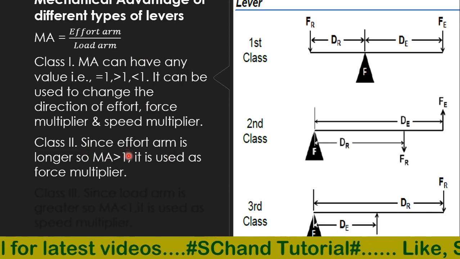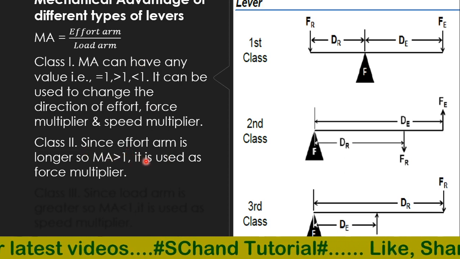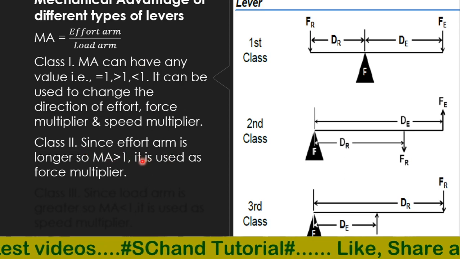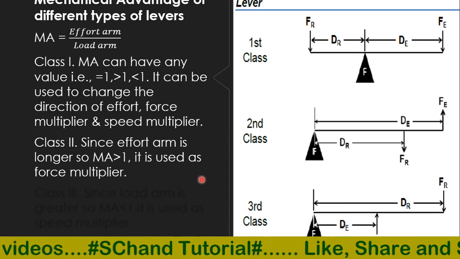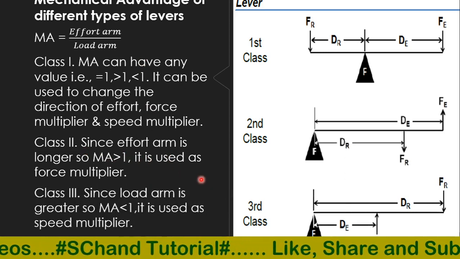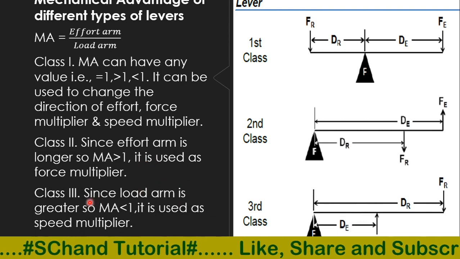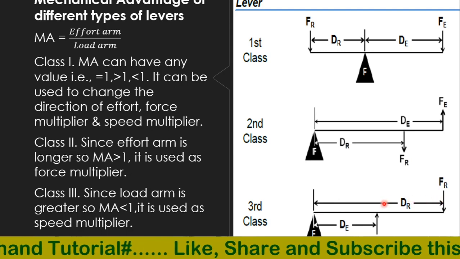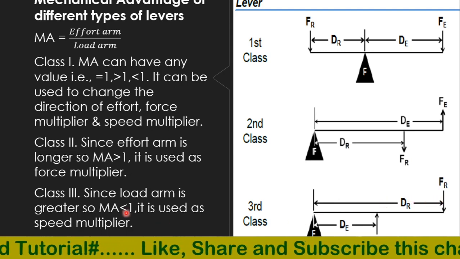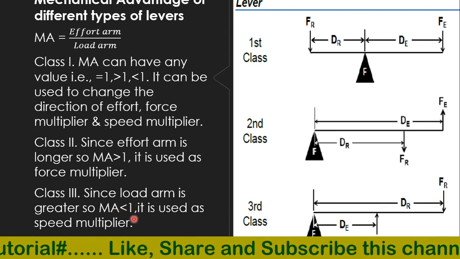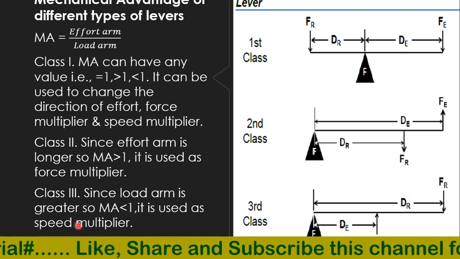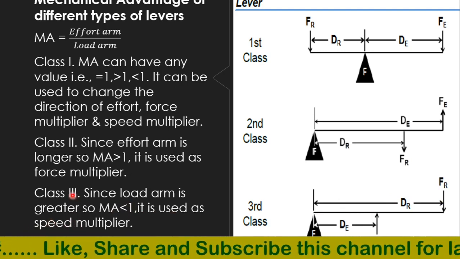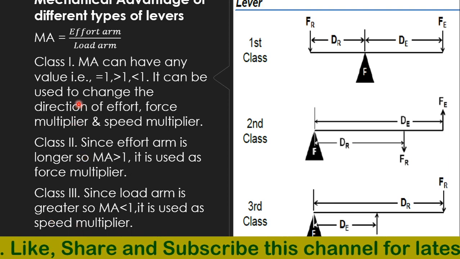If mechanical advantage is greater than 1, then that kind of lever will act as a force multiplier. Then comes class 3 lever, since load arm is greater here. Then mechanical advantage is always less than 1, so it is used as a speed multiplier.